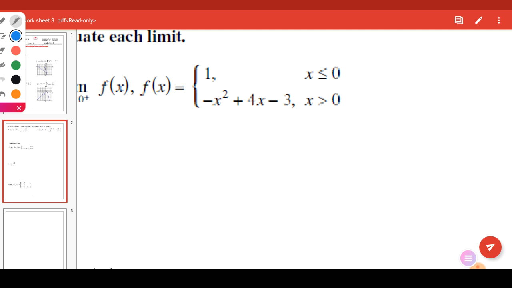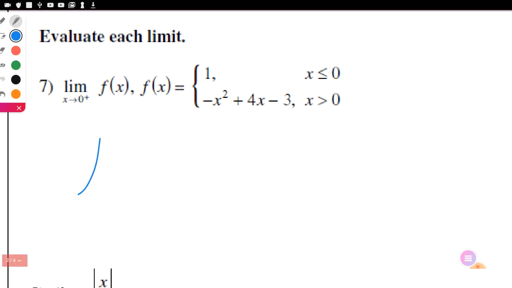How to solve this one? Okay, let's solve. Here you ask me to evaluate each limit: limit f of x when x approaches 0 from the right. From right, it means bigger than, it means x greater than 0. Okay, where is greater than? No, this one is less. The greater-than one I have to replace here.